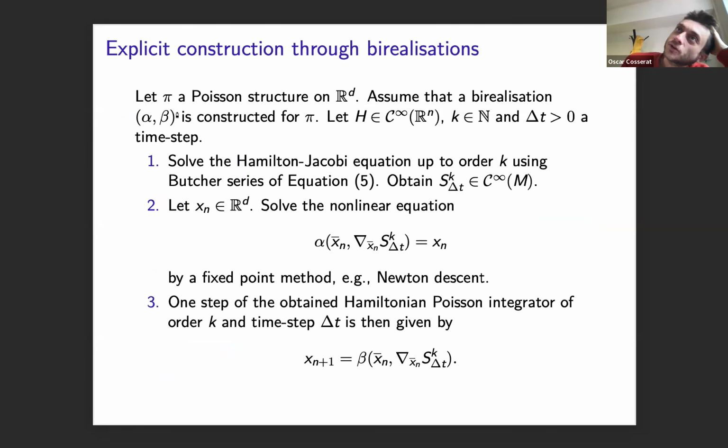So you start with the Poisson structure on R^d. You assume that the B realization alpha, beta is constructed for P. I said it several times, but still let me repeat that this assumption is not for free. It's hard in general to construct a B realization.